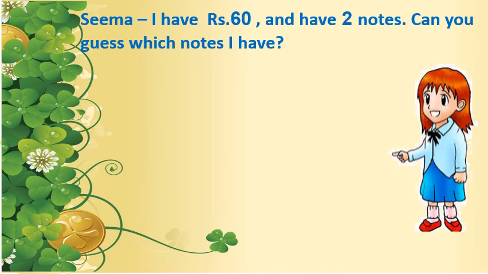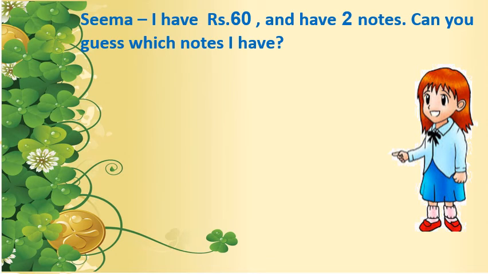Now this girl, Seema: I have rupees 60 and have only 2 notes. Can you guess which notes I have? Okay, Seema has only 60 rupees. Correct? And she is telling that she has only 2 notes. Okay, we will guess now. If 20 rupee notes, means 20 plus 20 plus 20, that became 3 notes.